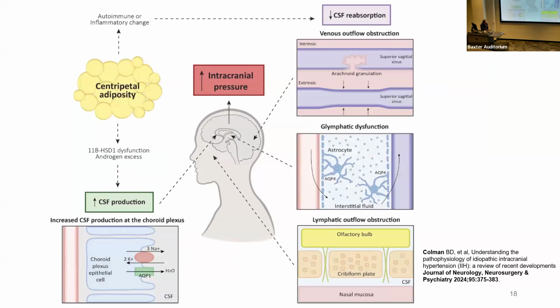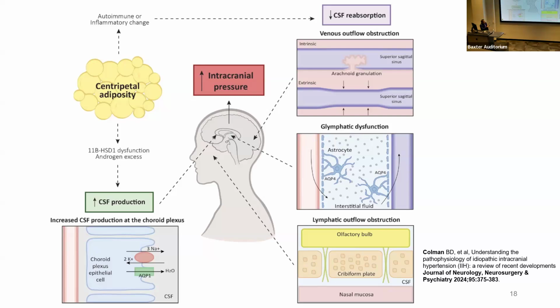Now, this is a paper from, I think, a year ago, but basically it's trying to explain how centripetal adiposity could explain some of these problems. How they can increase the CSF production with these effects, also some hormonal effects, how they decrease the CSF reabsorption on the arachnoid, or produce intrinsic stenosis.